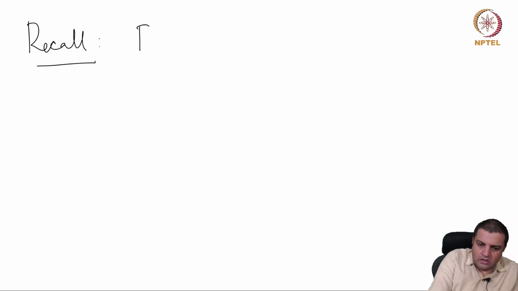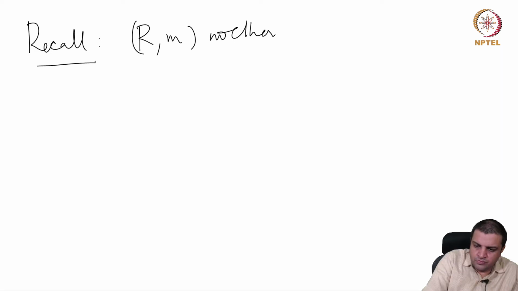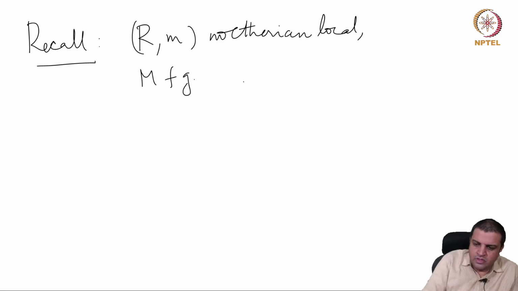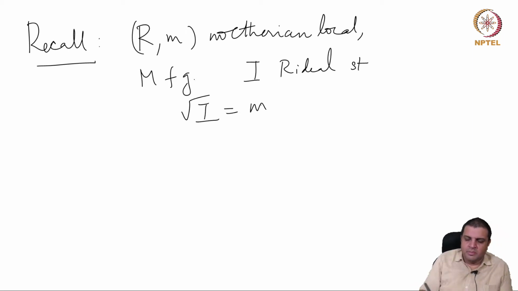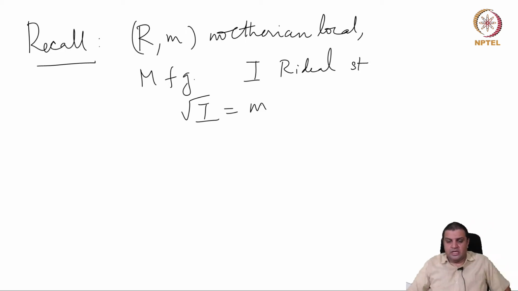So recall: R, m Noetherian local, M finitely generated, I an m-primary ideal. Let me remind you, m-primary is equivalent to saying that the radical is m, because it is a maximal ideal.